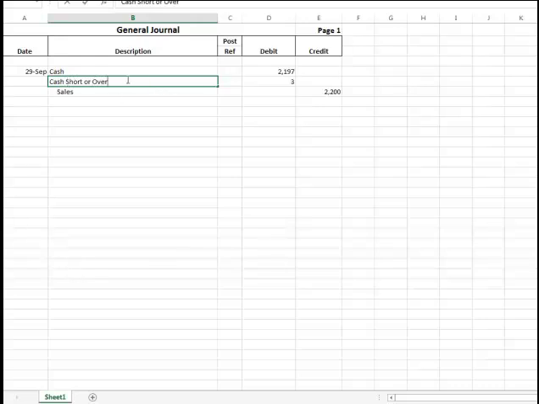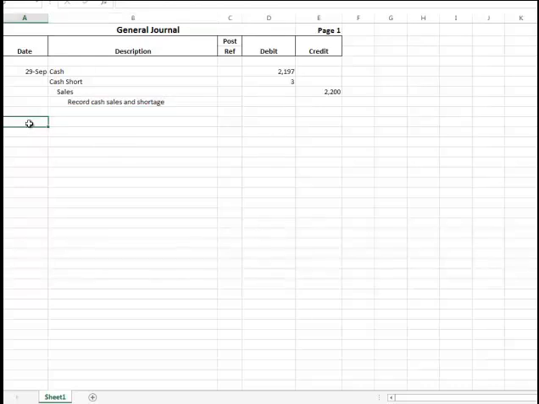But what I usually do, just to make it simple and help me keep it straight in my head, is just record it to cash short when I was short money, or cash long when I'm long, but it still goes to the same account. And then if I was going to put a little description, I would just say record cash sales and shortage.